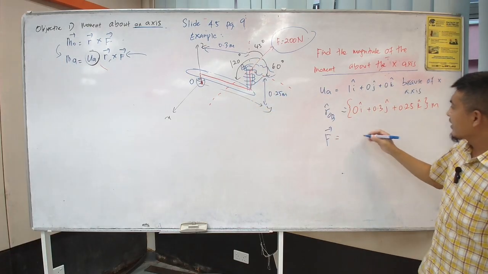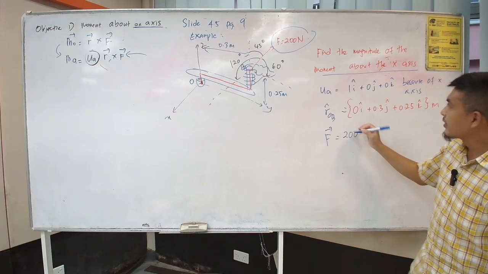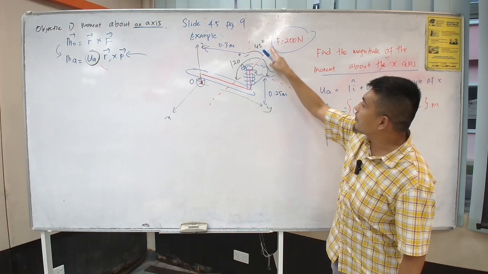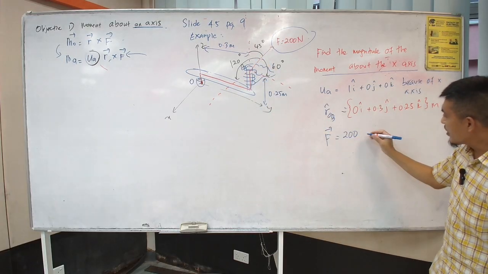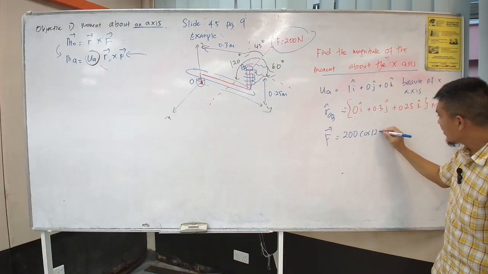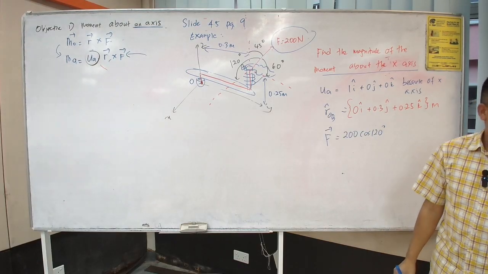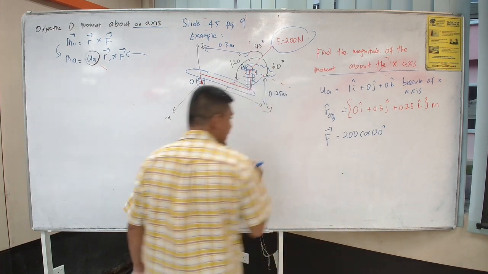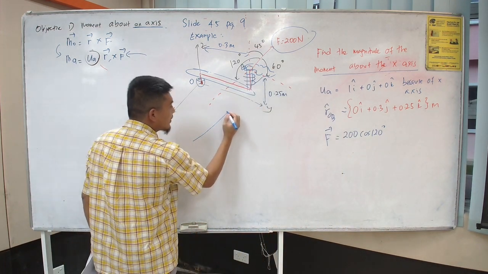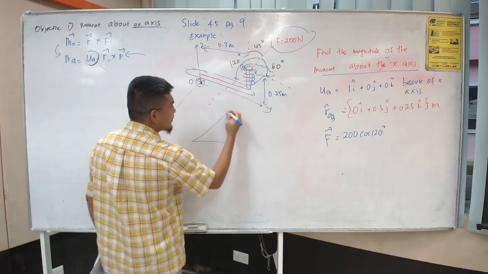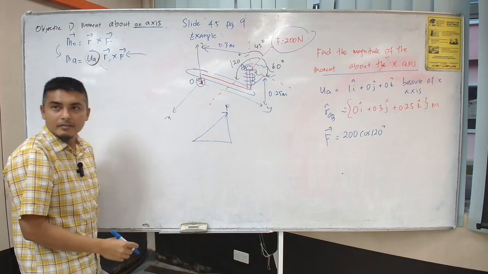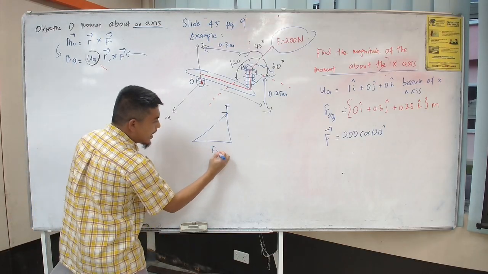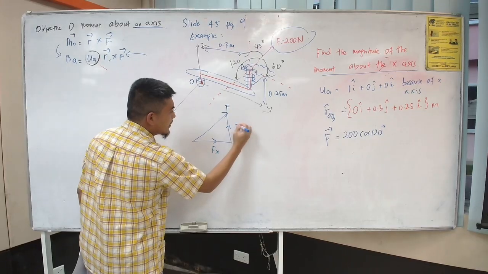Since the angle between the force and the X axis is 120 degrees, we use cos 120. Why do I say that? If you still remember this force triangle, let's say force, and then this is Fx and this is Fy.